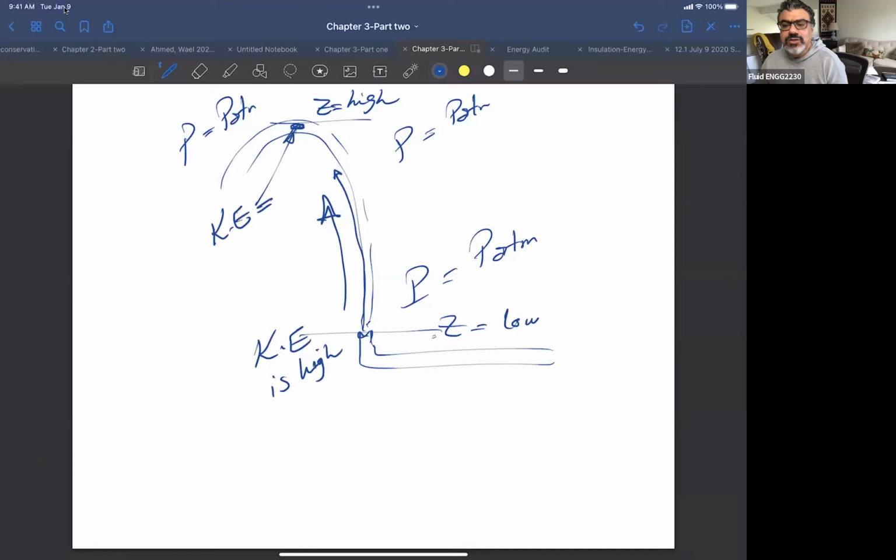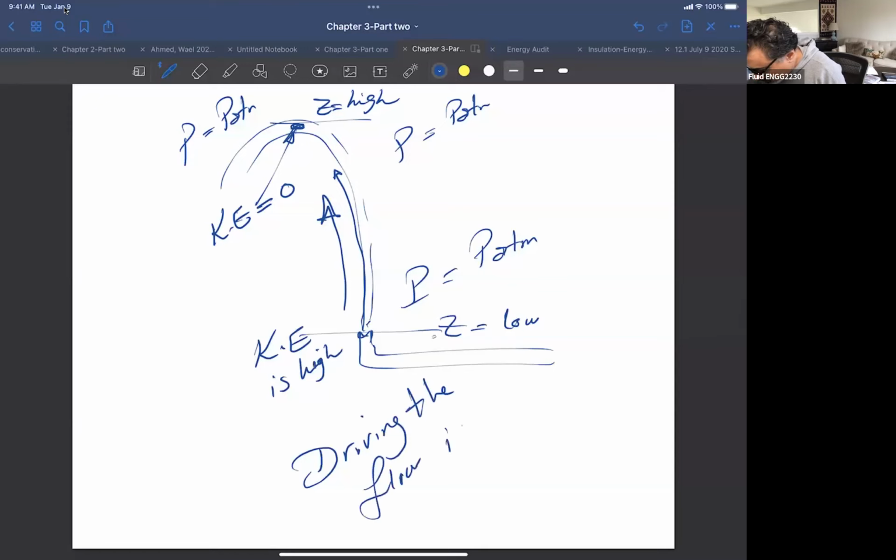Is it maximum or zero? Because if it still had some kinetic energy, it would go up even more. Which means what is driving the fluid here is kinetic energy, right? This is a good exercise, actually.